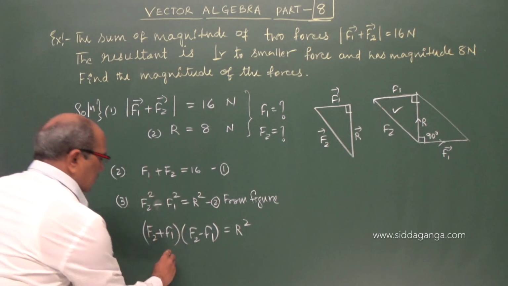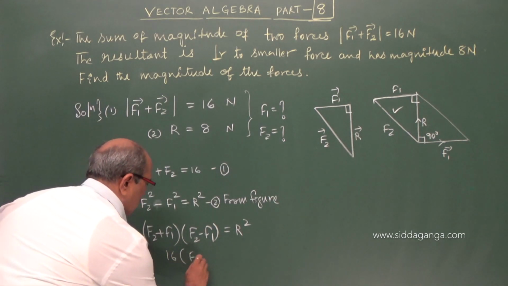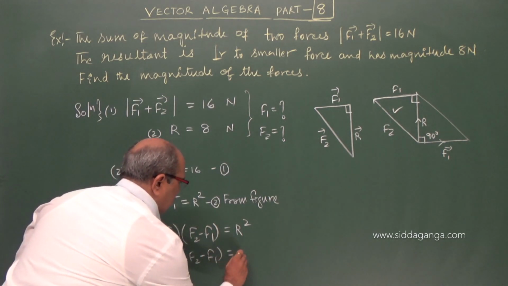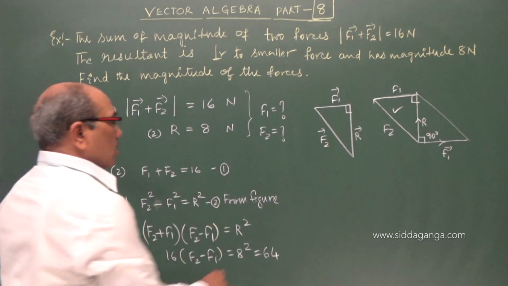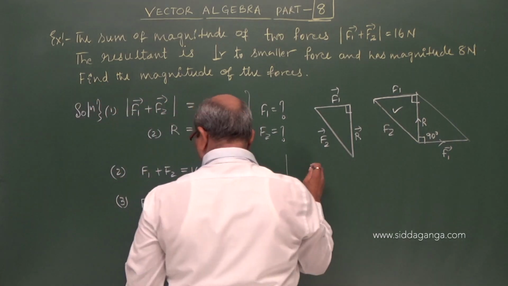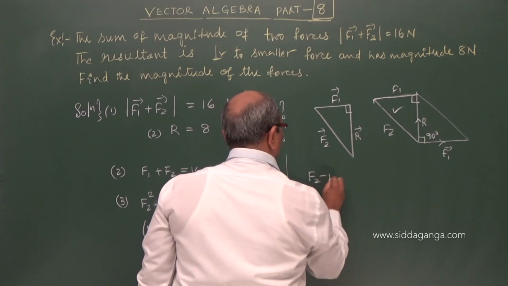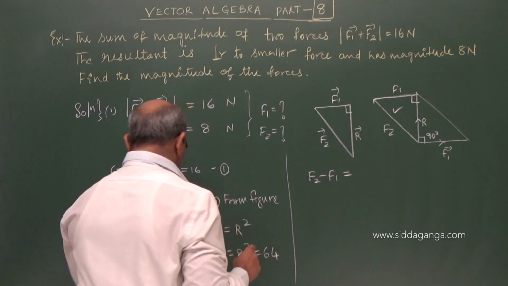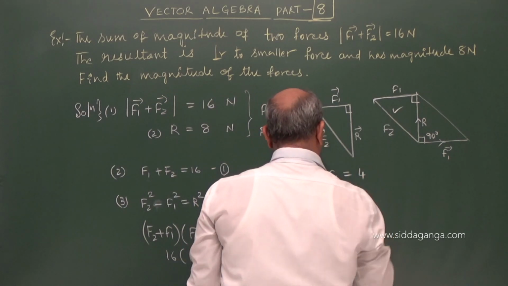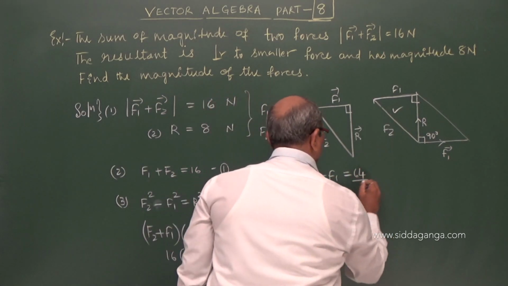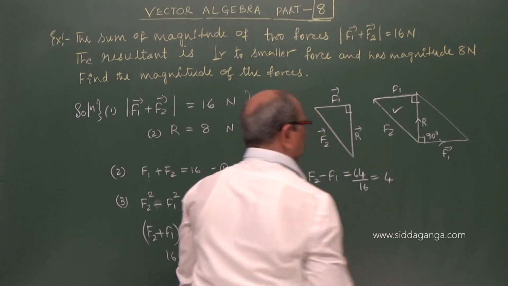F2 plus F1 is 16 into F2 minus F1, which is equal to 8 square, 64. So F2 minus F1 equals 64 by 16, which is 4.